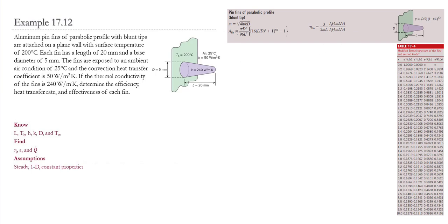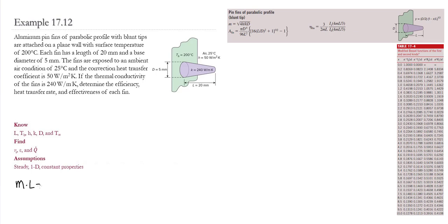Okay, so notice that we have certain information. We have the value of m, which is used in most of the equations. We also have the area of the fin, and we have the efficiency. Let's just start with the value of m, and notice that most of the values that we're going to use is m times L, so we're going to calculate that.